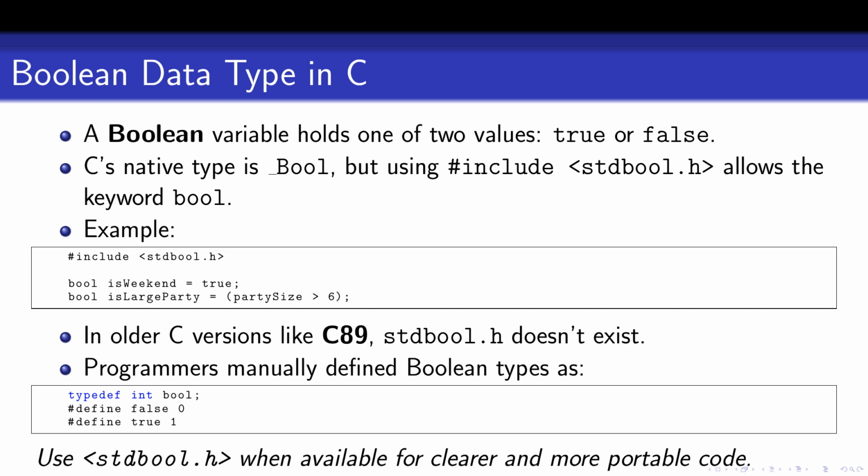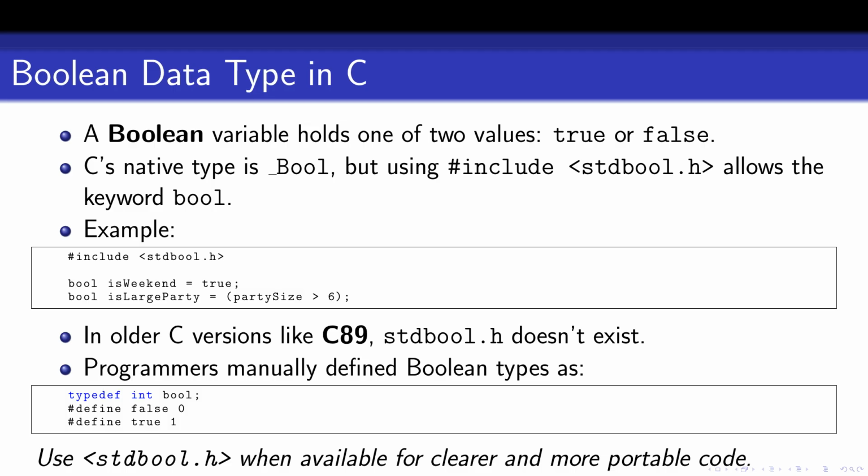C includes a Boolean data type for representing true or false values, though it wasn't part of the earliest versions of the language. To use it in modern C programs, you include the standard bool library, which defines bool along with the constants true and false. Behind the scenes, bool is really just an int where 0 means false, and any non-zero value means true.